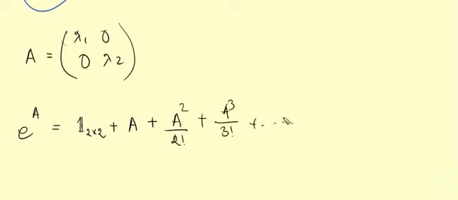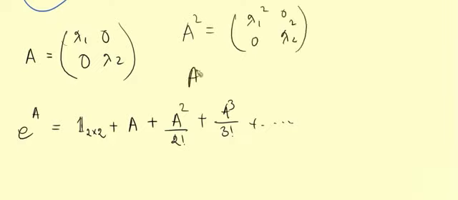So let's now break them down, and as you already know through your homework assignments, if you have a diagonal matrix, the multiplication for them is very simple. A squared is like this, A cubed is like this, and so on. So the final term over here would be A to the n, so I haven't written that, I just put a dot dot dot.